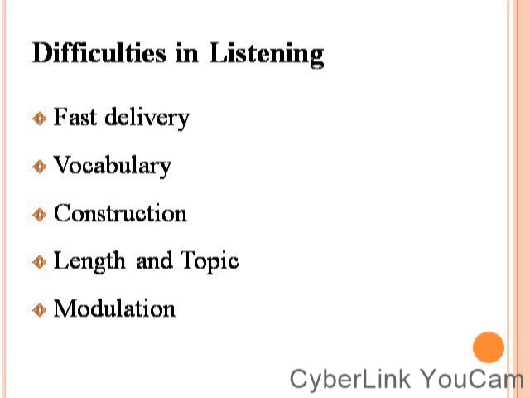It's related to the inability of learners to understand the key structure of the speech delivered in the conversation. Length and topic. These are about a long conversation on hot topics like politics, science or any burning issues. Modulation. It's about the intonation and stress of the perfect or native speakers.